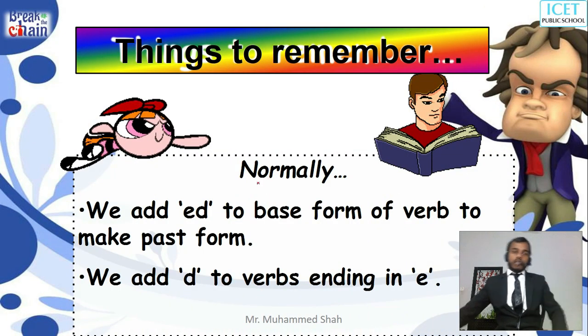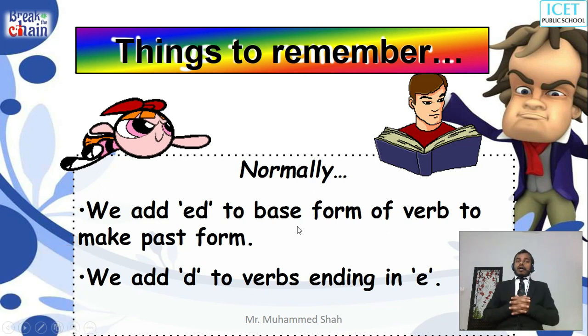Things to remember. Normally we have to add the past form of the verb, meaning we add ed to the base form of the verb to make the past form. You know it. Base form means without any suffix or prefix.